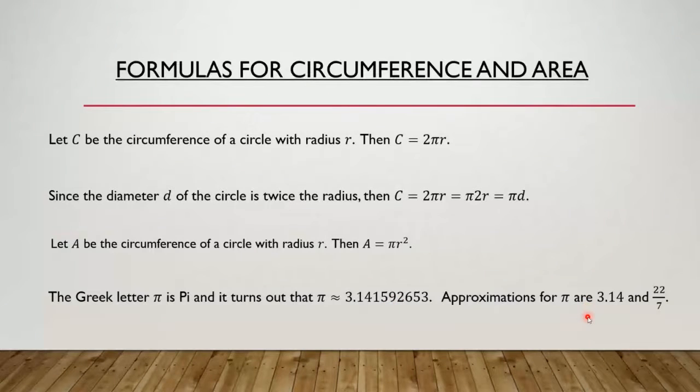There are approximations for it, like 3.14 or 22/7, but the actual number is not very nice. It's irrational. Basically, this decimal never ends, and there's no pattern to how the digits repeat.